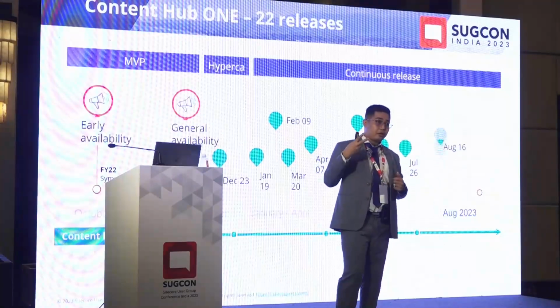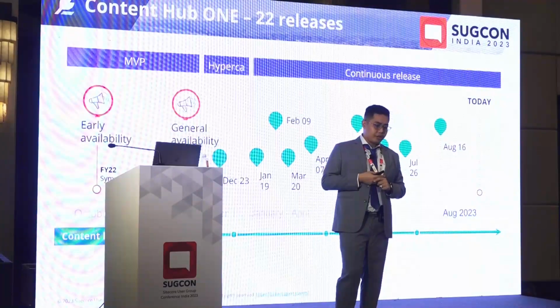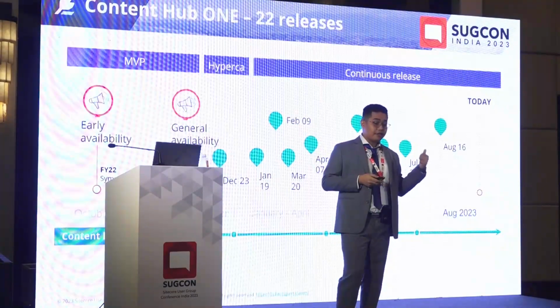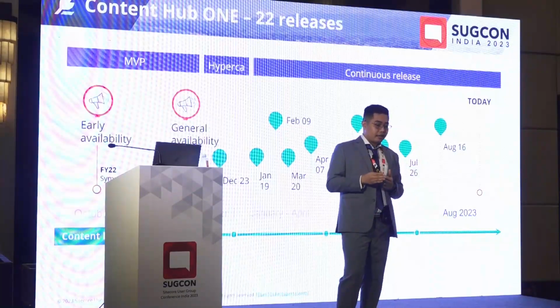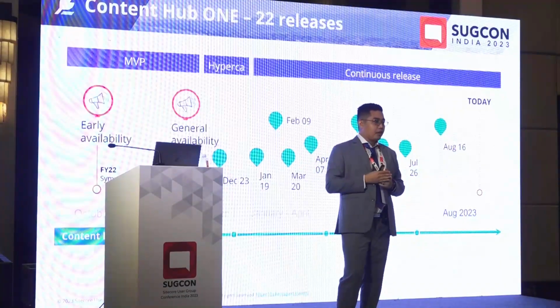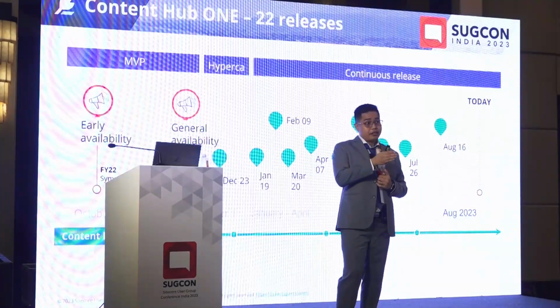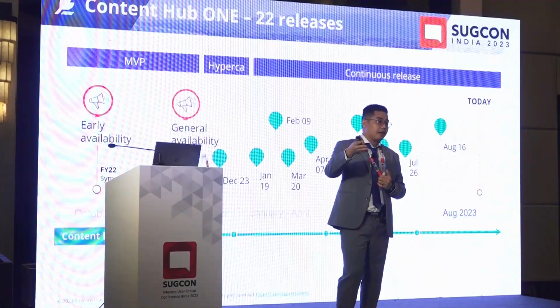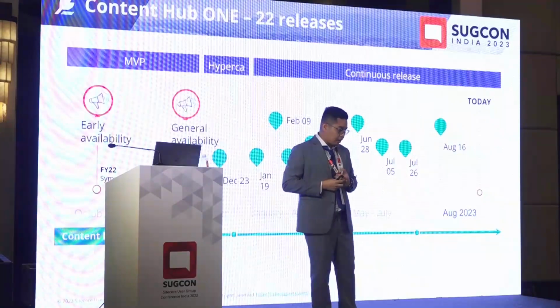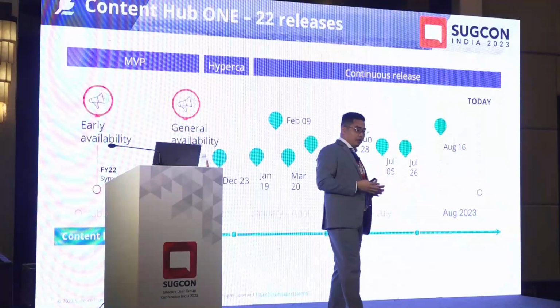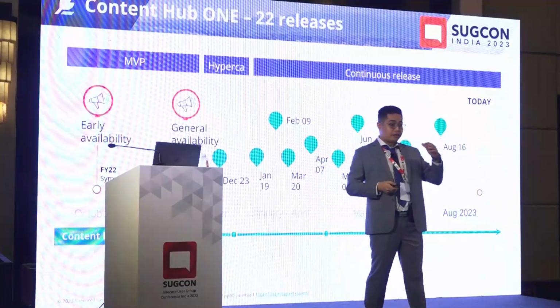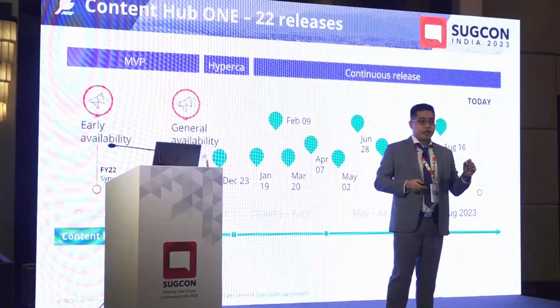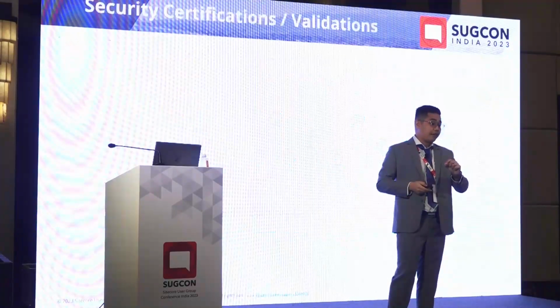We have about 22 releases, and just recently we've launched a couple of enhancements since August 16. So you'll notice that on a week-to-week basis, we are releasing some enhancements, and these are publicly available to you guys. And people are saying that our documentation is quite good because we jot down all that people are looking for, not just on the developers' side, but the marketing side of things.